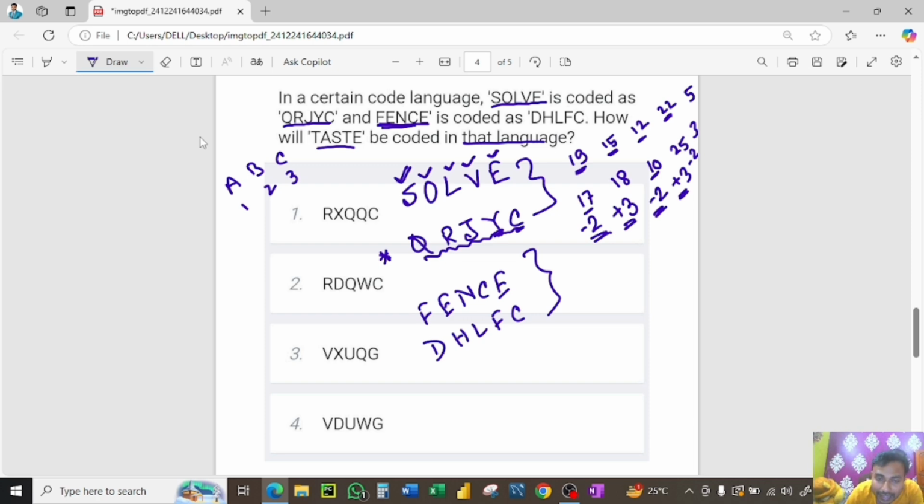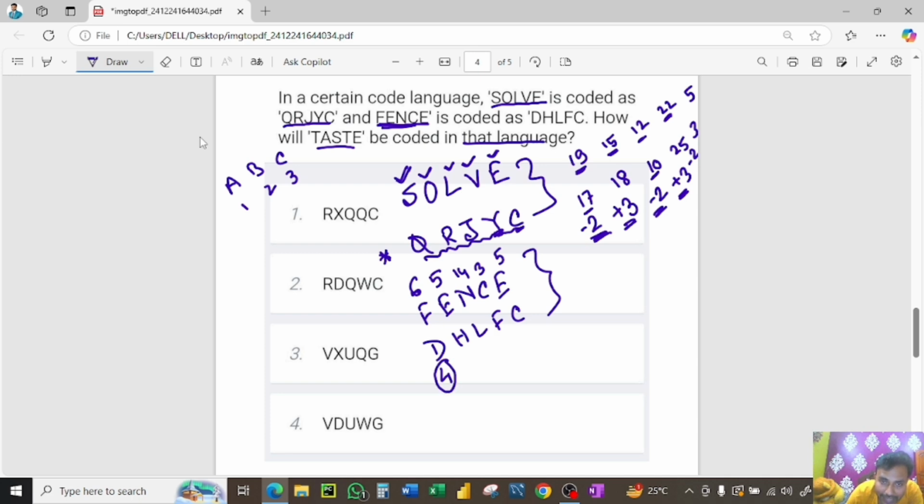Similarly, if we number the letters of FENCE, we get F is 6, E is 5, N is 14, C is 3 and E is 5. If we subtract 2 from 6, we get 4, and the numbering of D is 4. So it is right.